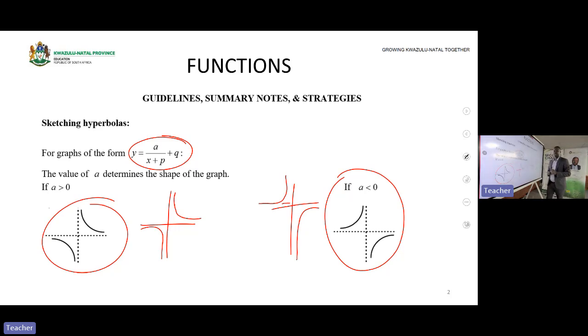So it's very important to take note that the value of a affects the graph in that way. If a is positive, your graph will be found in the first and third quadrants, and when a is negative, your graph will be found in the second and fourth quadrants. So it's also important to take note of that one.